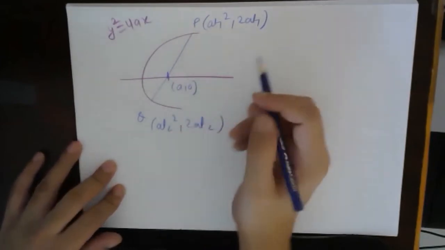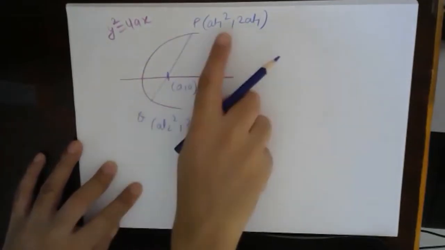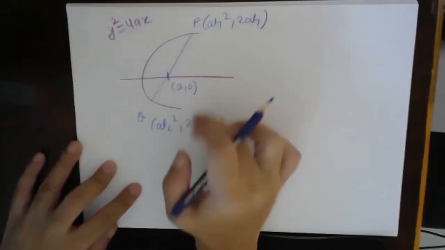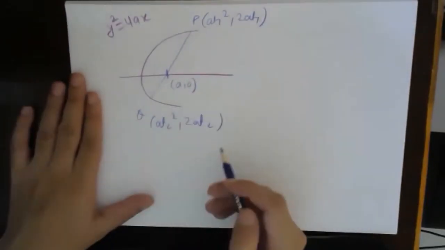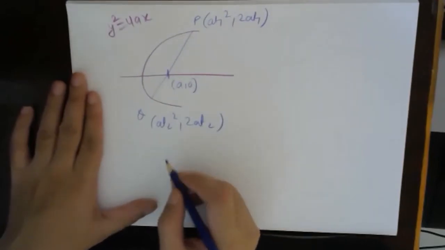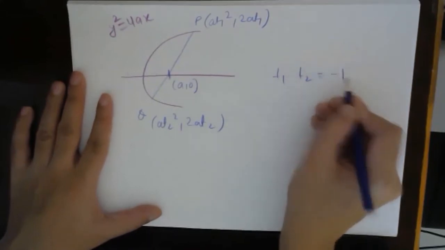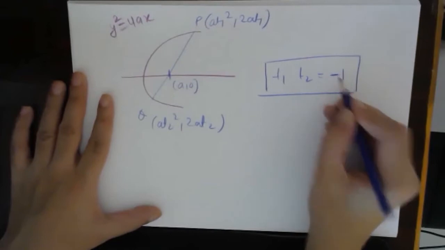If you have a focal chord, and they have asked you the relation between t1 and t2, then the relation between t1 and t2 will be t1 into t2 is equals to minus 1.